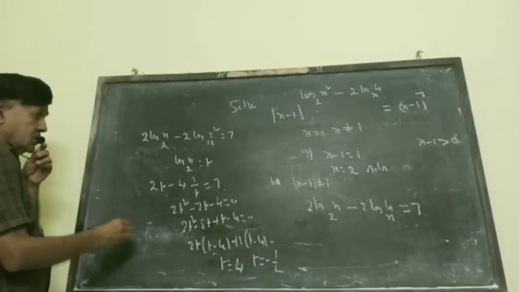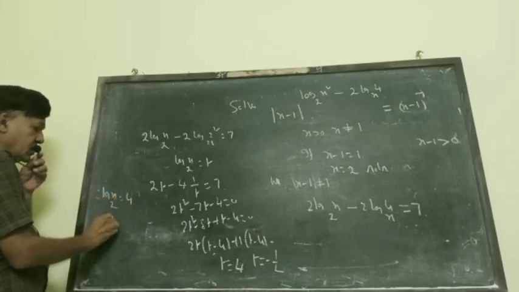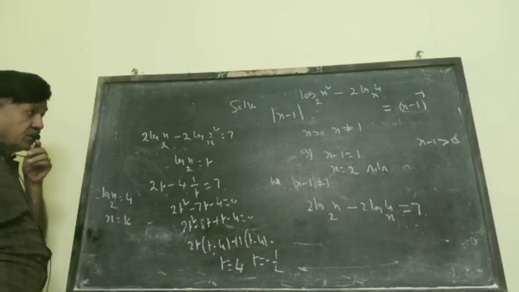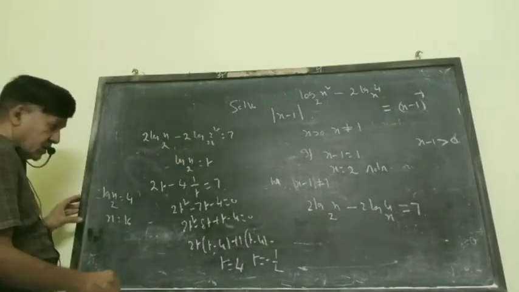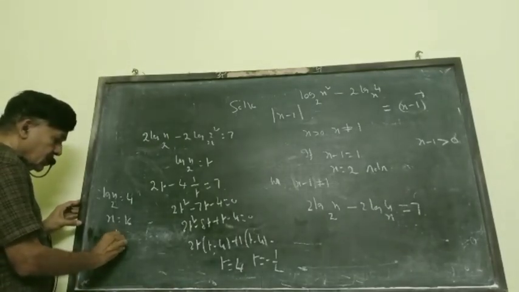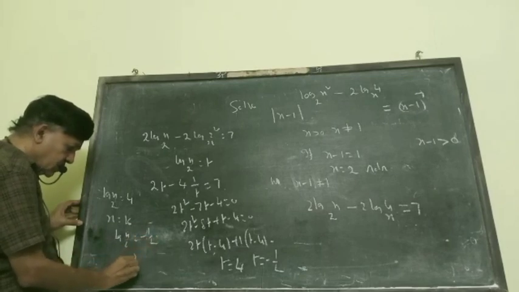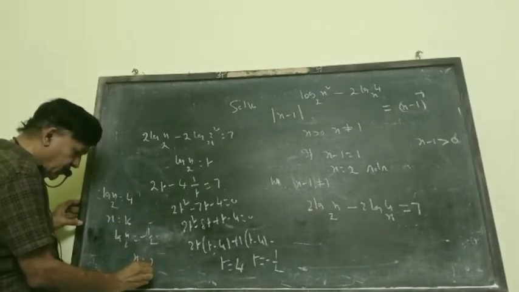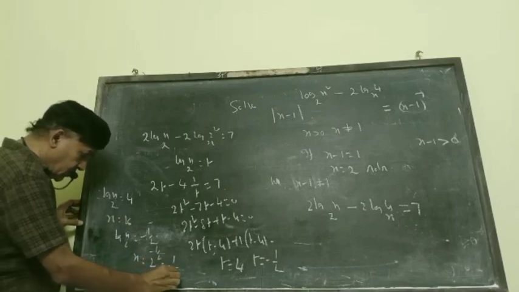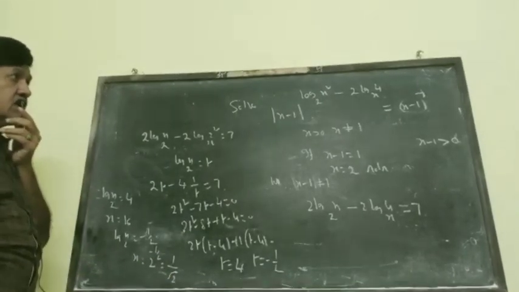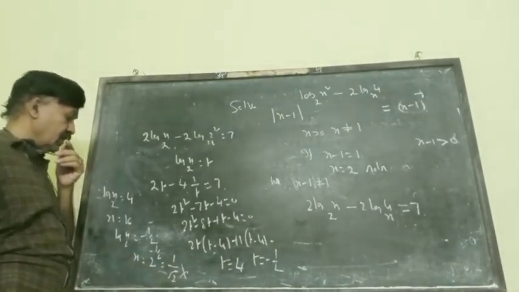So now log x to base 2 is equal to 4 means x is 16. No problem, because 16 will satisfy all those things. Log x to base 2 is equal to minus 1 by 2. So x is equal to what? 2 power minus 1 by 2, which is 1 by root 2. X value should be greater than 1, so it cannot be.